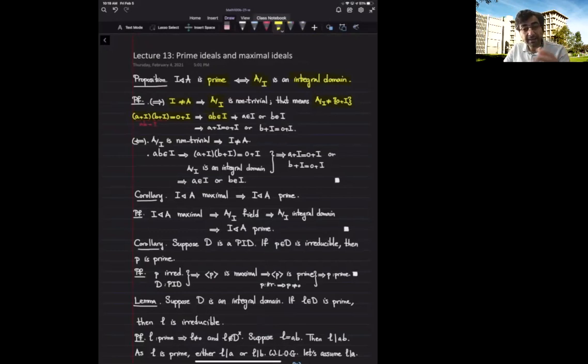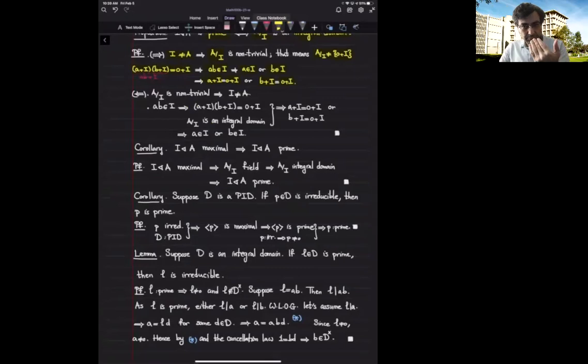Now, I is a prime ideal. That means that when the product of two elements is inside I, then either A is inside I or B is inside I, which means either the coset A plus I is zero or the coset B plus I is zero. And that's exactly what we wanted to show. So if the product of two elements in this quotient ring is zero, one of them should be zero. This means we do not have a zero divisor inside the quotient ring.